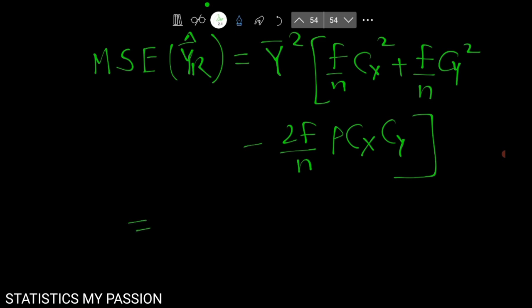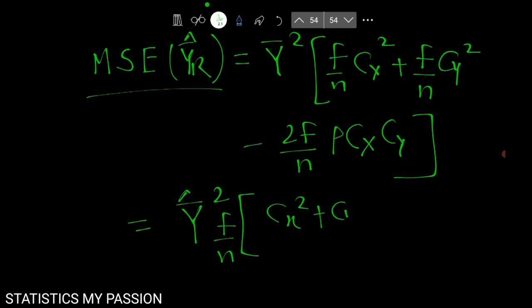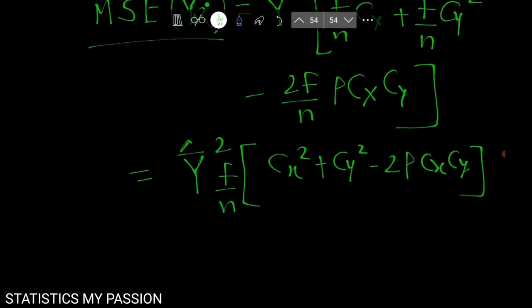So this is the formula of the MSE, and you can remember this term: f upon n times Cx square plus Cy square minus 2 rho Cx Cy. So this is up to the second approximation.